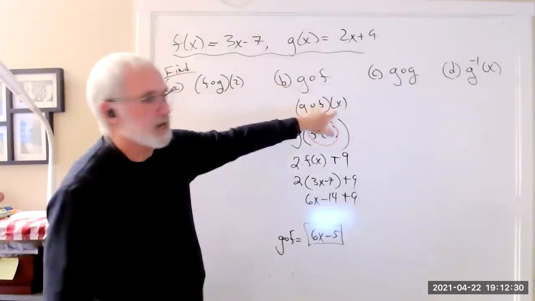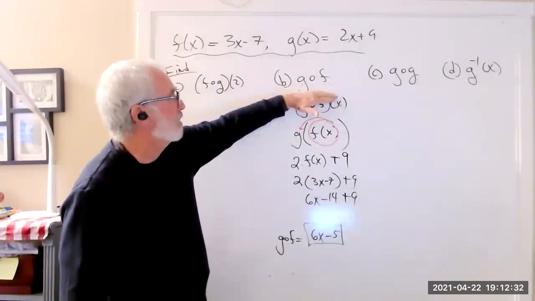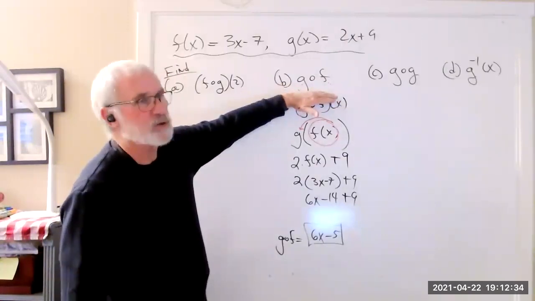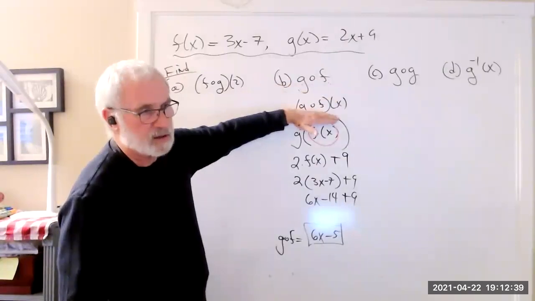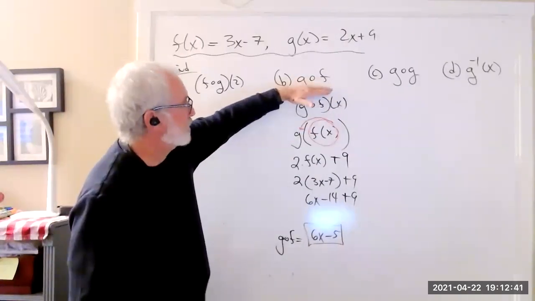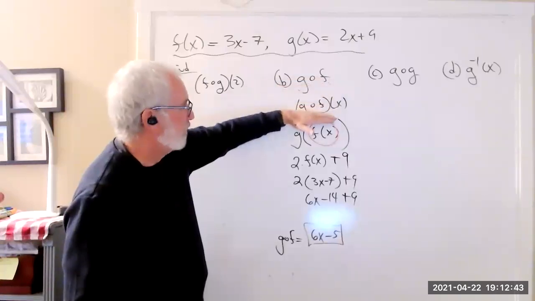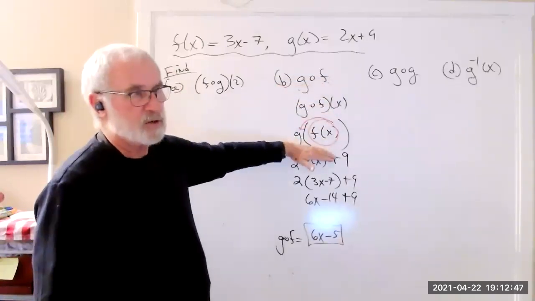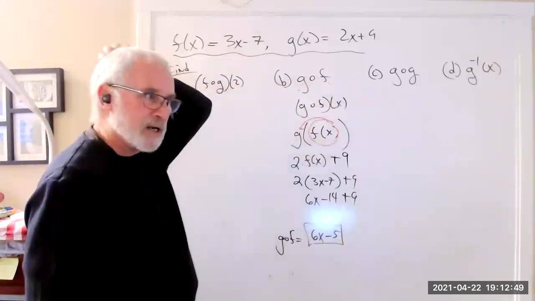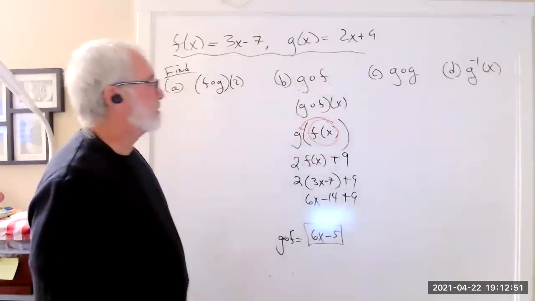The X is implied. When we write it here without an X, the X is implied. So this and this are the same thing, and this, where my hand is, and this are all the same thing. They're just different ways of writing the same thing. Is that okay? Yes, thank you.